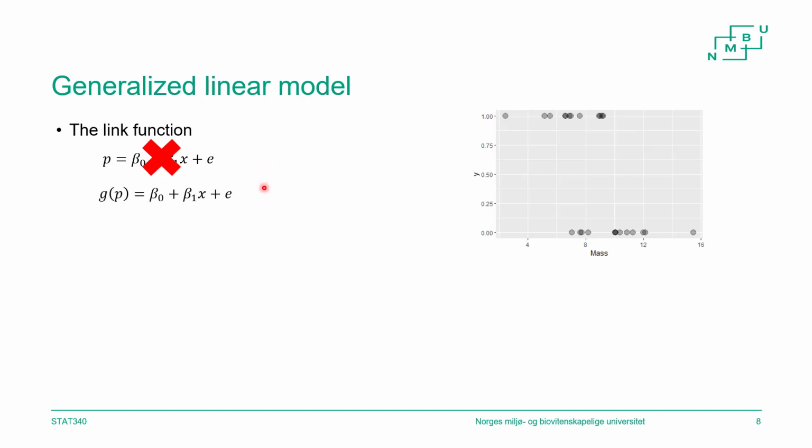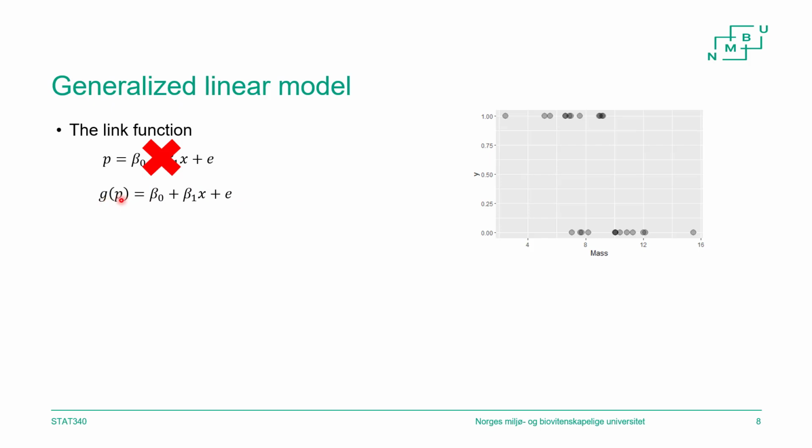So instead, we make a generalization of the linear model. We keep the right-hand side as before, but we say that whatever we observe here is not directly influenced by this linear combination, but it's a function, a link function we call it, of this observation that is affected by the linear relation here.